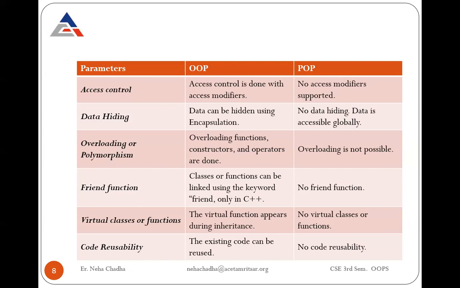Virtual classes or functions: virtual functions appear during inheritance. As there is no concept of inheritance, there is no concept of virtual classes or functions in procedure-oriented. Code reusability: the existing code can be reused in object-oriented. In procedure-oriented, there is no code reusability.